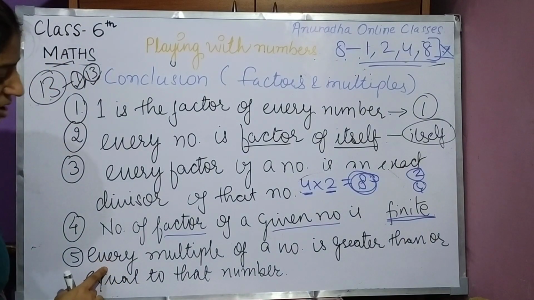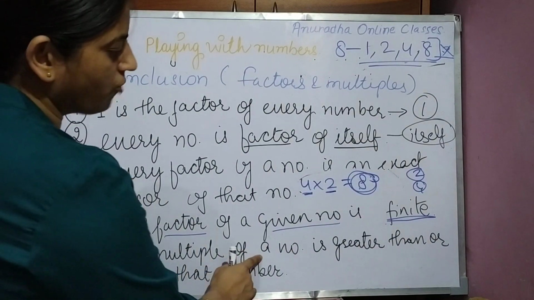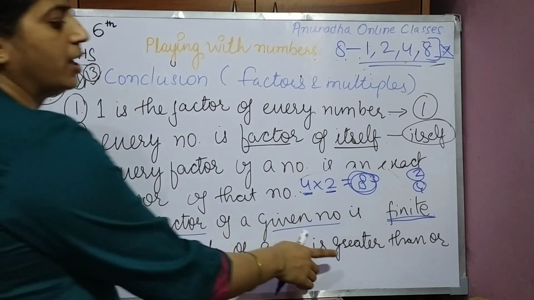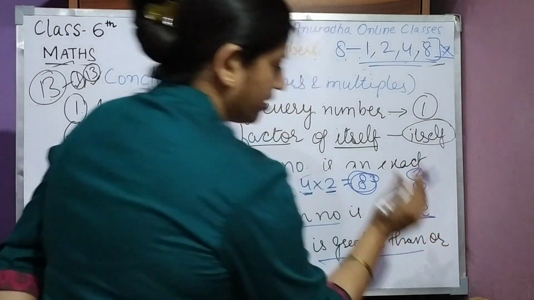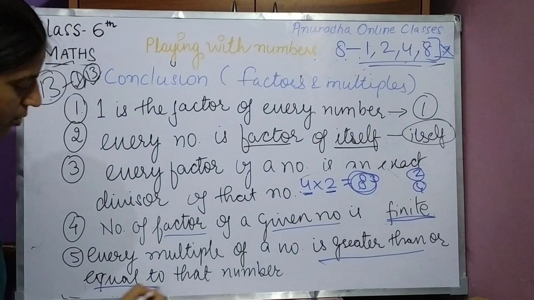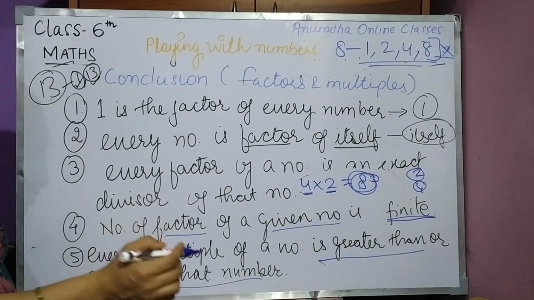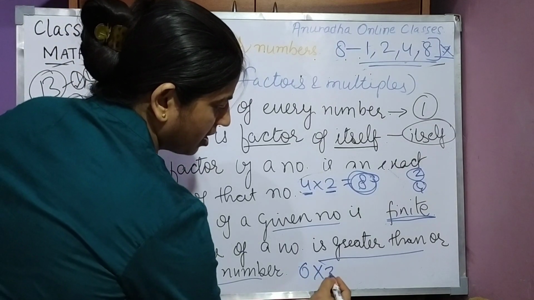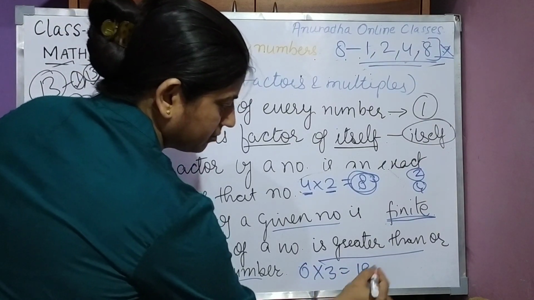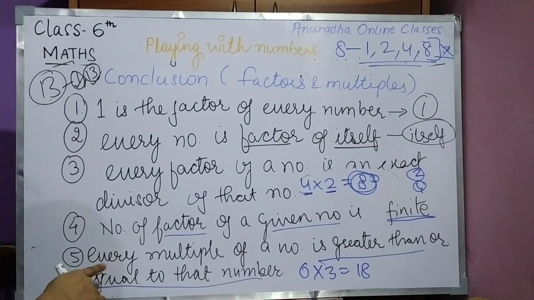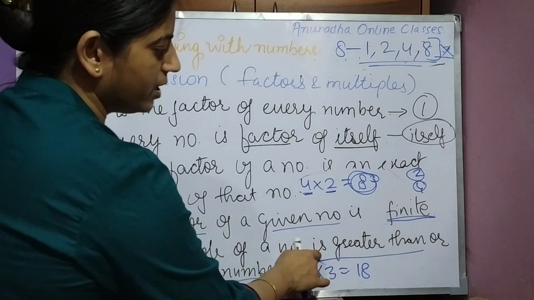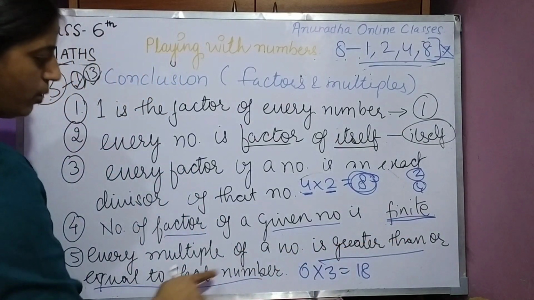Next is every multiple of a number. Every multiple of a number is either greater than or equal to that number. Okay, let us see. Like 6 3s are 18. What they are saying, every multiple of the number is greater than or equal to that number.